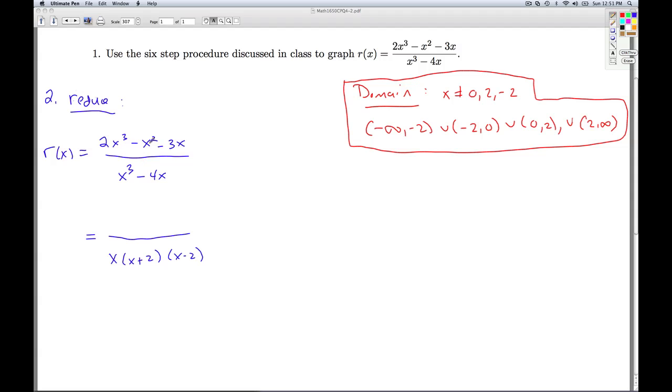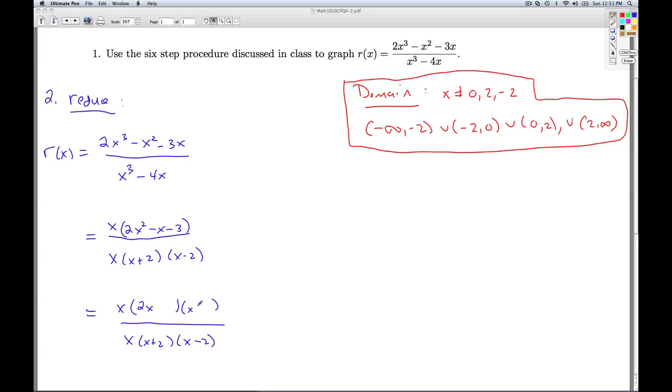And now in the numerator I can get started by factoring out an x. And I'm left with 2x squared minus x minus 3. I can further break this down. So I need factors of 3 I can combine with the 2 to give me a minus 1.